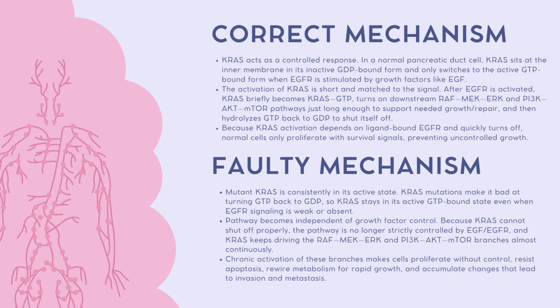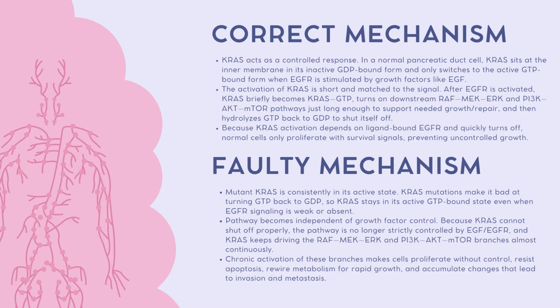Once that signal comes in, Kras briefly switches to its GTP-bound active form, turns on the RAF-MEK-ERK and PI3K-AKT-mTOR pathways to support normal growth or repair, and then quickly shuts itself off by hydrolyzing GTP back to GDP. Its activity is short, matched to the signal, and fully dependent on EGFR.